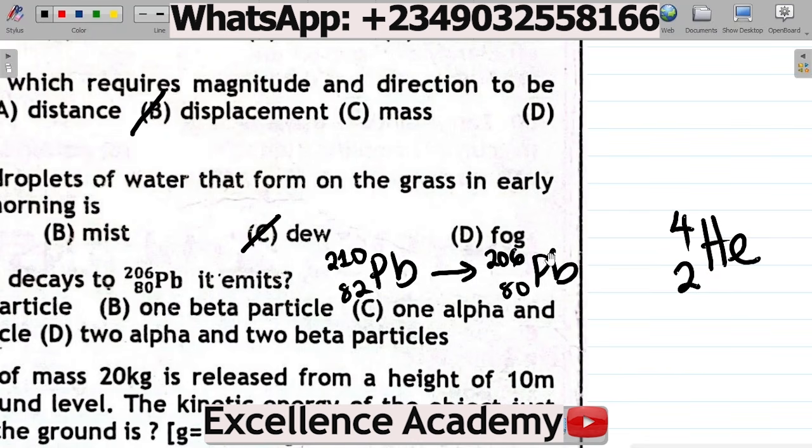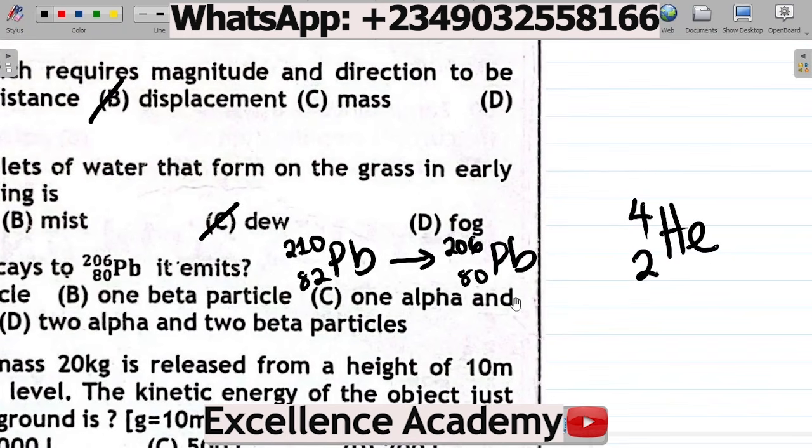That's this. And what we have here is simply an alpha decay. Now, alpha particles are basically helium atoms. That's helium 4 and then 2 here. So for this question, it has lost just one helium, because 82 minus 2 gives you this 80, and 210 minus 4 gives you this 206.